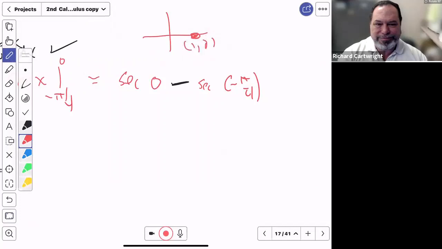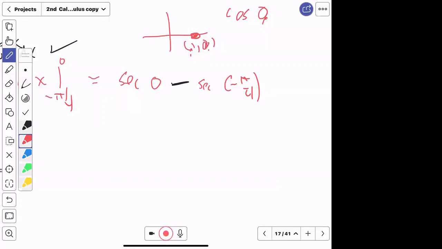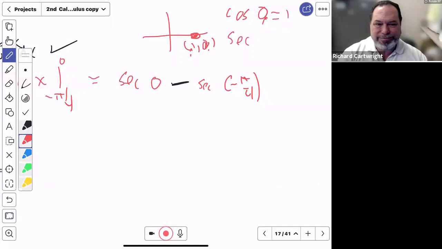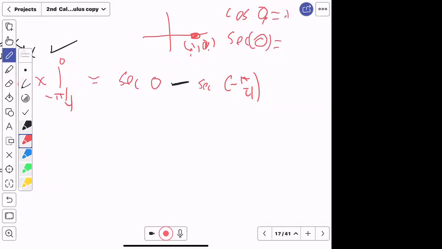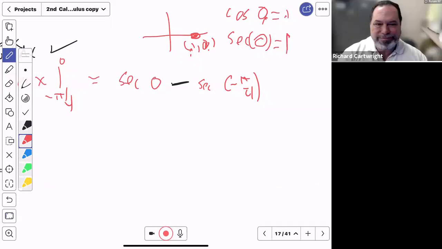When I do secant, I don't think of secant, I think of cosine of 0. What is the cosine of 0? Using these two numbers, 1 comma 0. 1. And isn't secant the reciprocal of the answer I just got? Yes. What's the reciprocal of 1? 1. Got one piece.